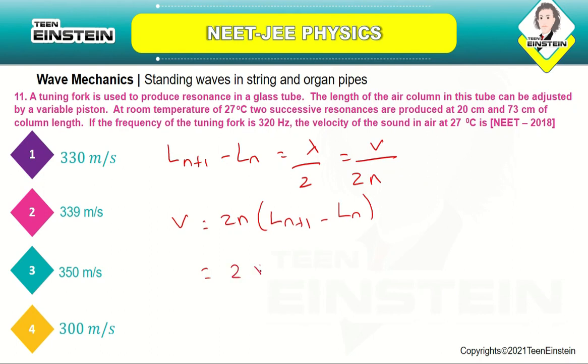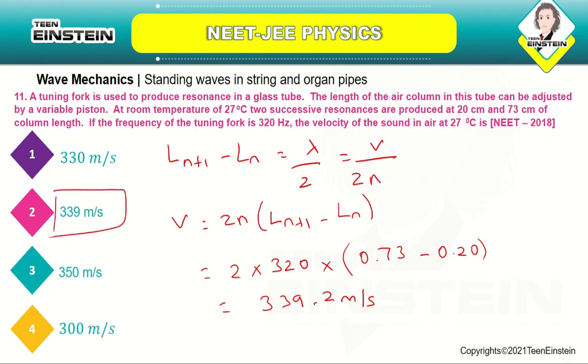So 2 into the frequency 320 into, and here they have given the Ln values 73 and 20 centimeters. You are converting it into meters, so you are putting 0.73 minus 0.20. If you solve this, you will get 339.2 meter per second. So the correct answer is option number 2, 339 meter per second.